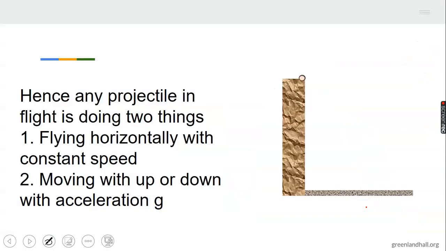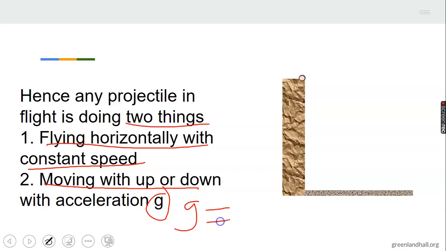Hence, any projectile in flight is doing two things. One, flying horizontally with a constant speed. Two, moving up and down with acceleration g. The value of gravity is always constant, which is 10 meters per second squared.